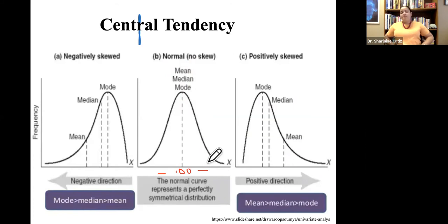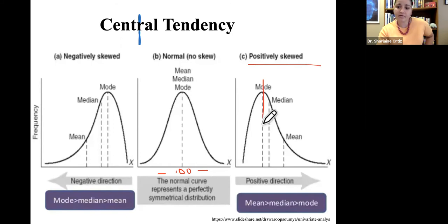However, we may have instances in which our data could be positively skewed. So let's look at this example. So here we have that our mode, our median, and our mean have different values, right?